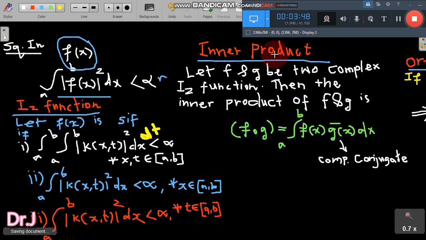Now, what is an inner product? Suppose f and g are two complex L2 functions. We defined just now what an L2 function is; it has to satisfy all these things.